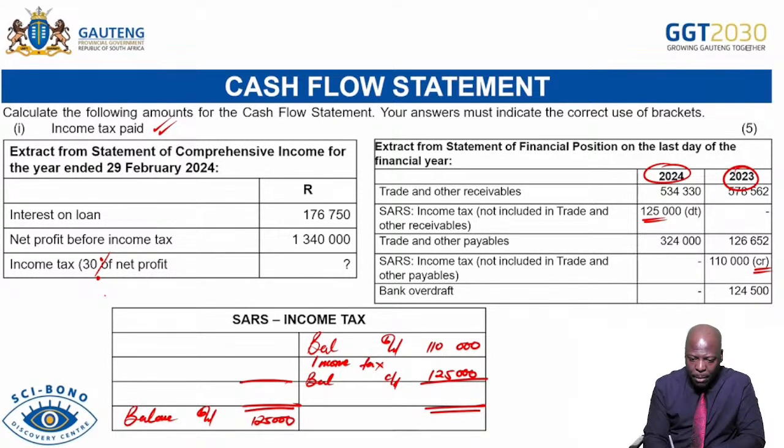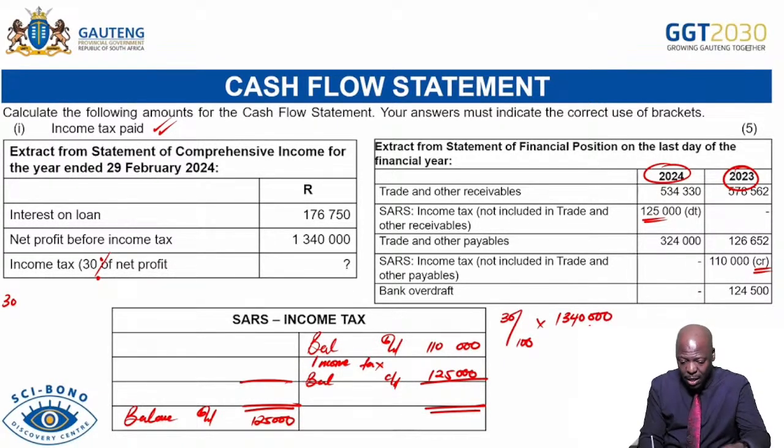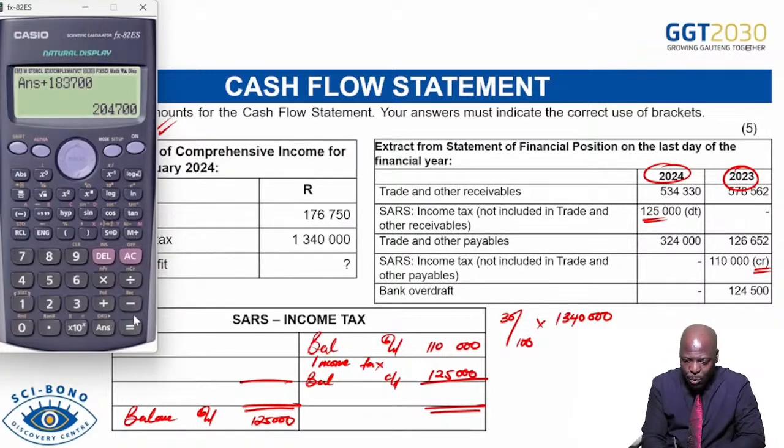That means I'm now going to say 30. Let me write it where you can see it properly when I punch the calculator. It is 30 over 100, multiplied by the 1,340,000.